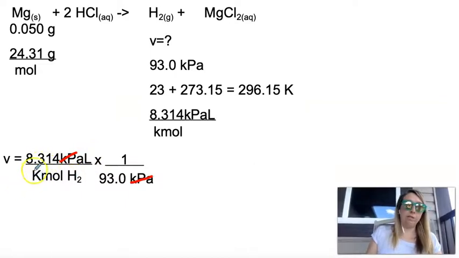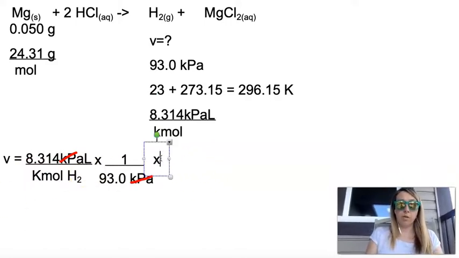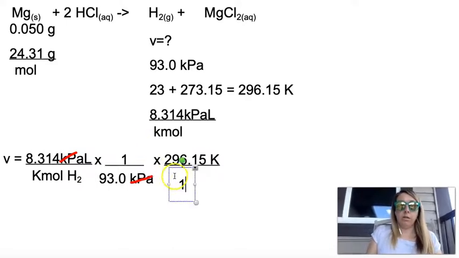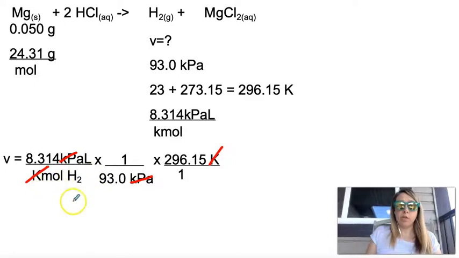So we need to get rid of Kelvin. We can get rid of Kelvin by using the temperature. So because Kelvin's currently on the bottom, it needs to go up on the top. So we're going to do times 296.15 Kelvin. And that's going to go over 1. Okay, so now we have eliminated the Kelvin unit. So next unit to get rid of is going to be moles of hydrogen.